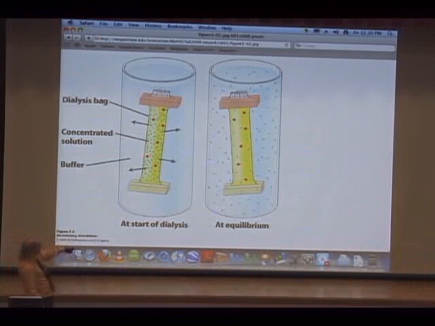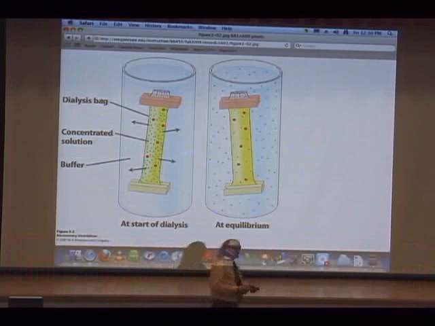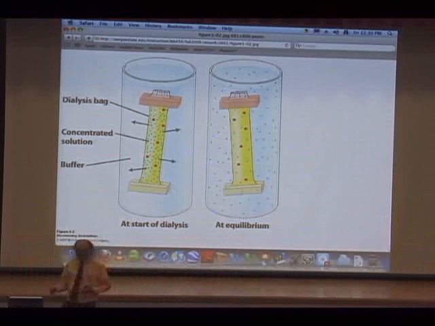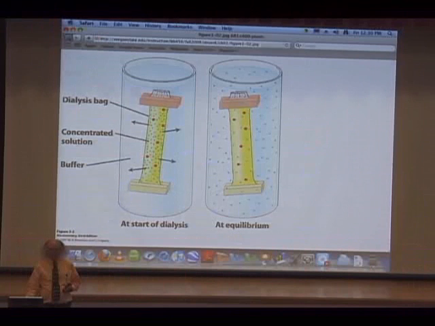They will diffuse so that the concentration of the small molecules will basically equal each other around the sides. The large molecules, the proteins, are too big to get through those holes, so they stay inside. And I've therefore removed an awful lot of the small molecules from my protein. So dialysis is very straightforward, it's very simple, and it works basically on osmotic pressure.